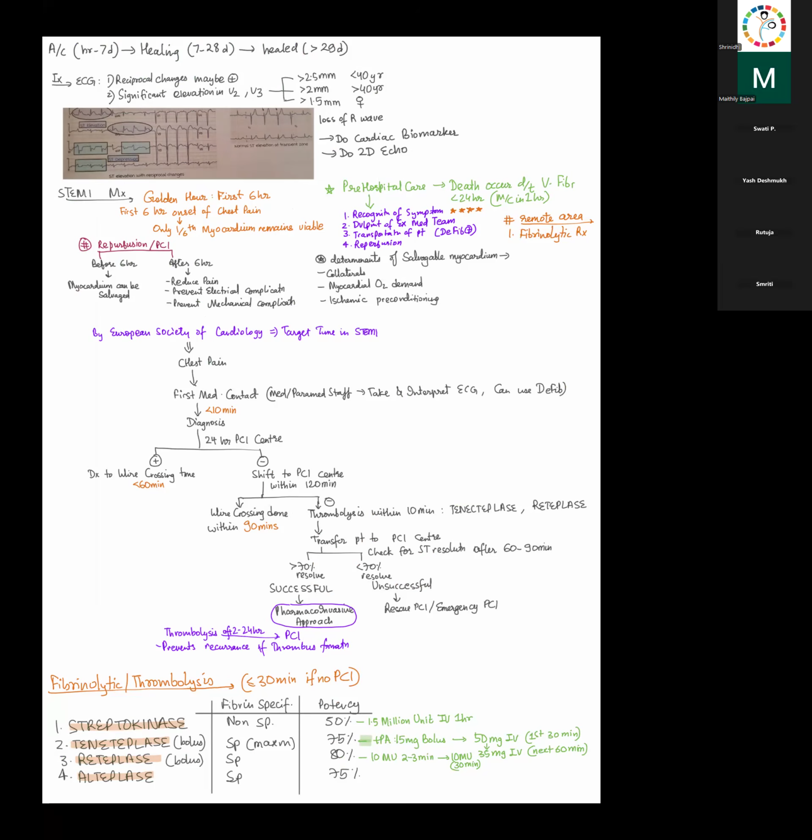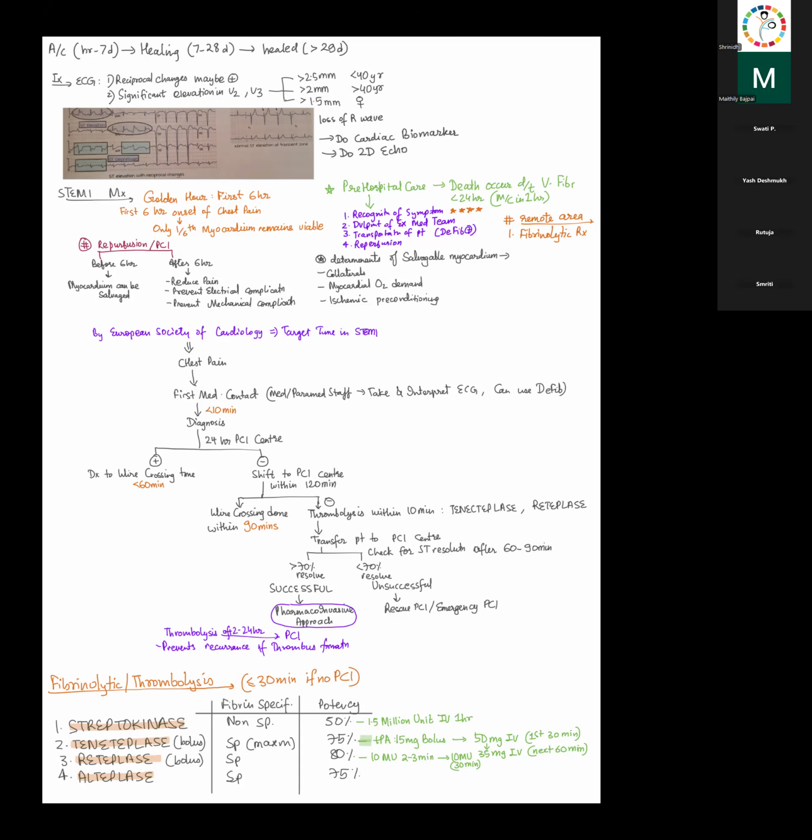The advantage with tenecteplase and reteplase is that they are fibrin specific. The adverse effects of streptokinase are majorly hypotension in the initial part, and anaphylaxis. So you have to continue monitoring the patient when streptokinase is given, which is around 1 hour. You have to take BP continuously every 5 or 10 minutes. Sometimes you need inotropic support just to complete the thrombolysis.